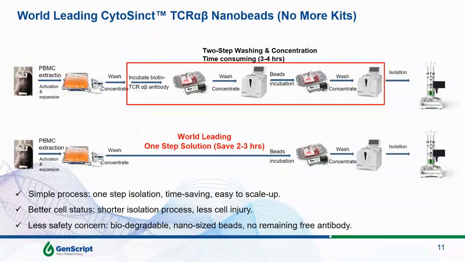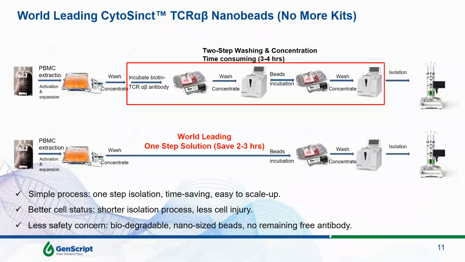So we know one of the challenges of allogeneic cell therapy is how to overcome GVHD. Scientists have discovered that this can be solved by performing TCR alpha beta depletion using beads. In the current market, only Miltenyi has a GMP grade TCR alpha beta depletion kit.